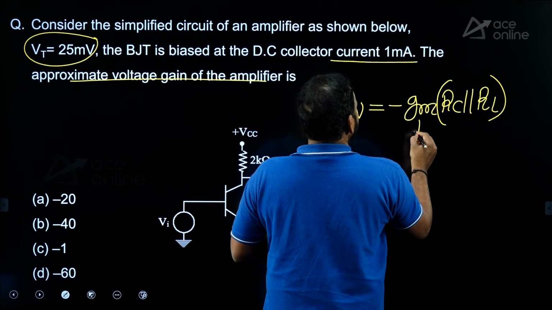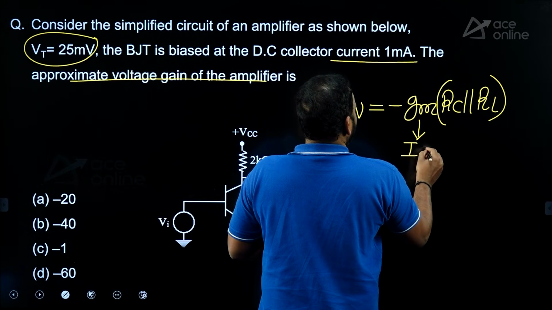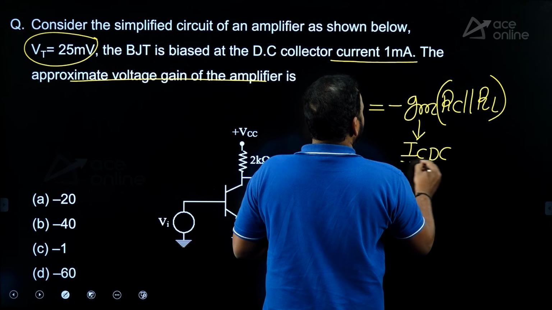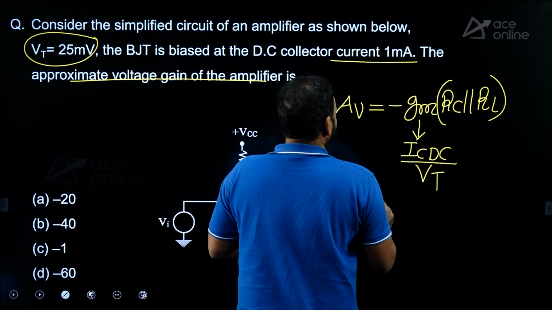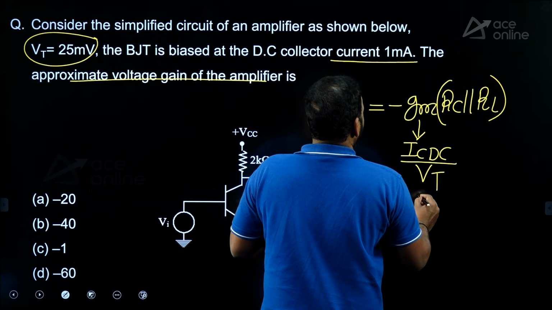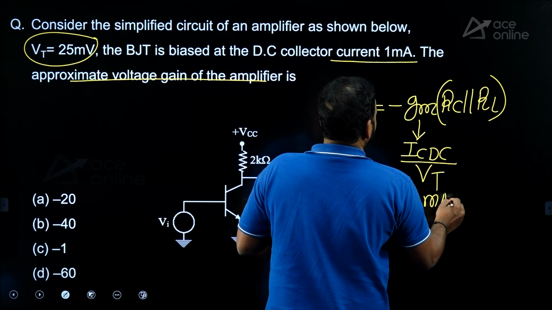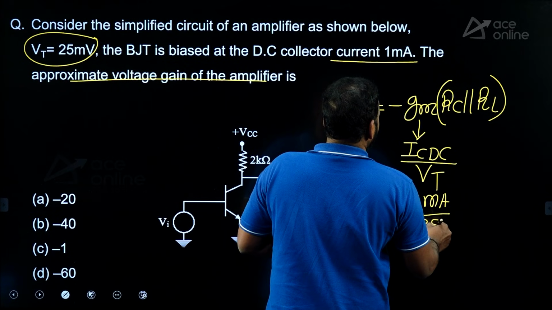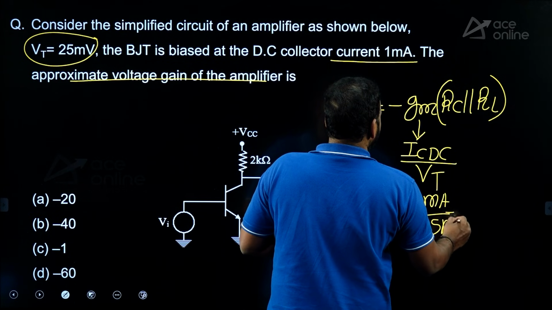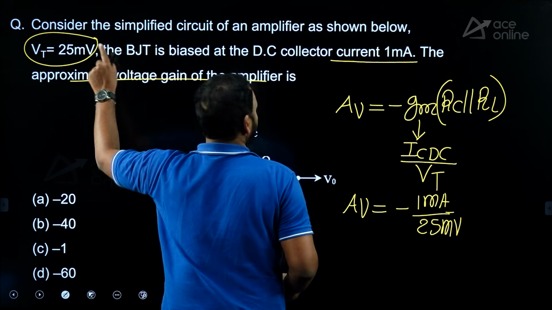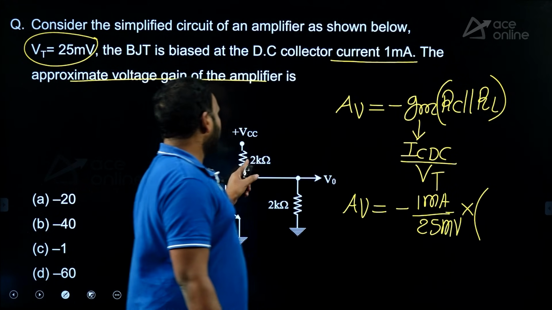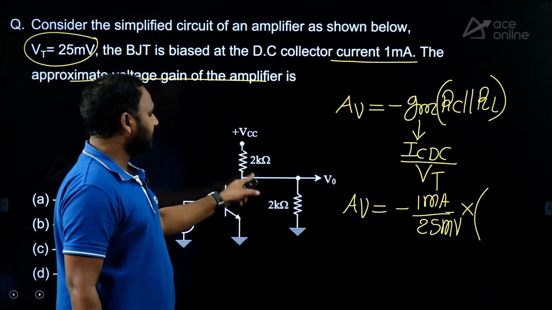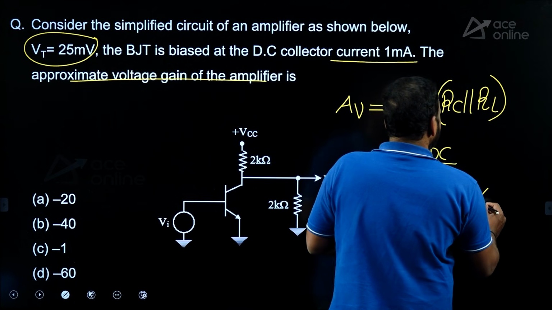What is IC DC? DC collector current divided by thermal equivalent voltage. So, that is why AV is equal to minus IC 1 milliampere divided by 25 millivolts thermal equivalent voltage VT, into RC value 2K, RL value also 2K, and 2K parallel 2K, okay, this is 1 kilo ohm.